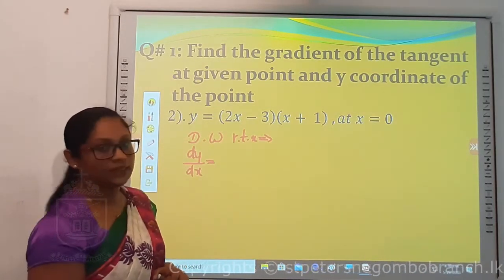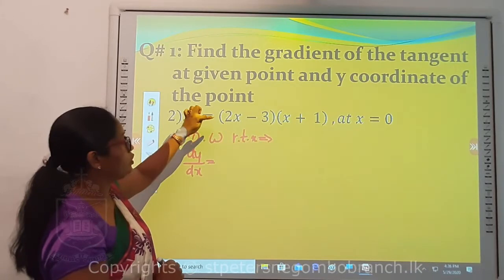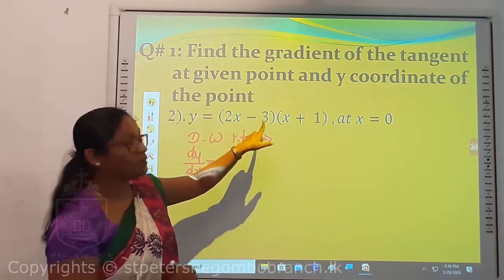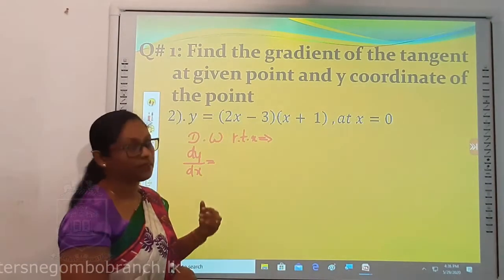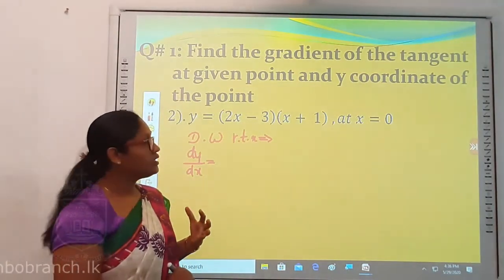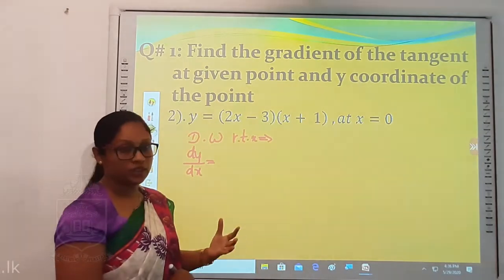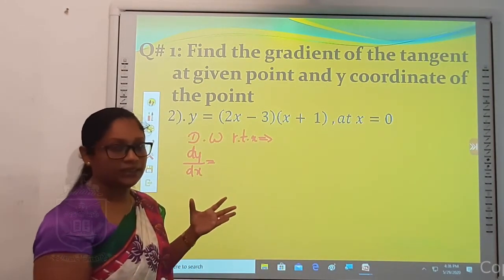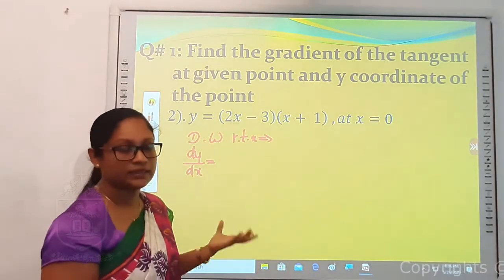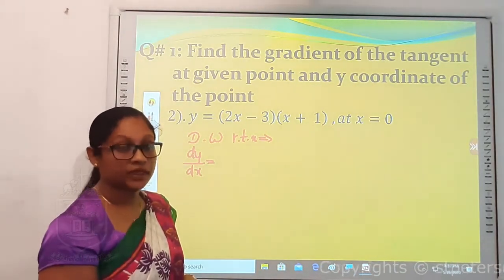You can see that the function is given as a product, so you can apply the product rule, or else you can expand the bracket and differentiate term by term. Here, just as practice, I will explain how to apply the product rule.